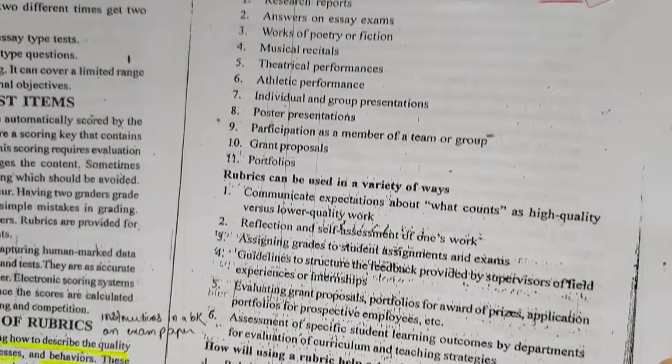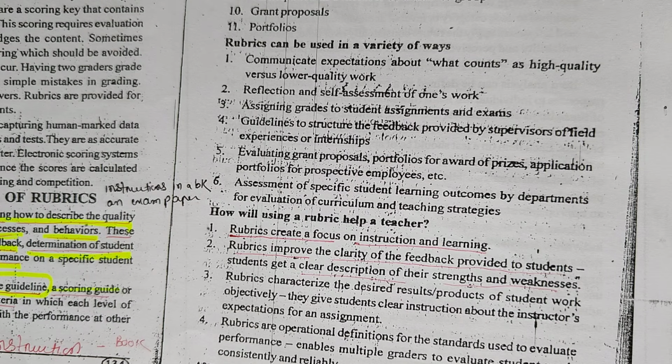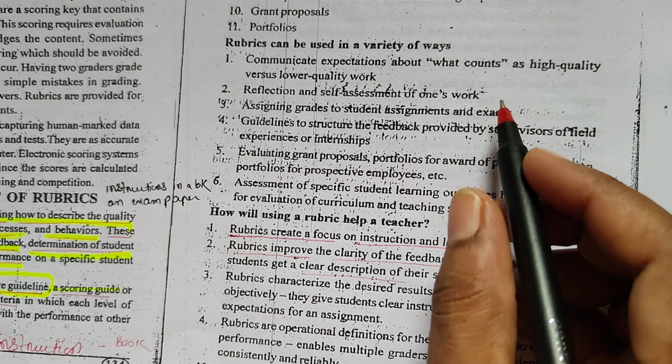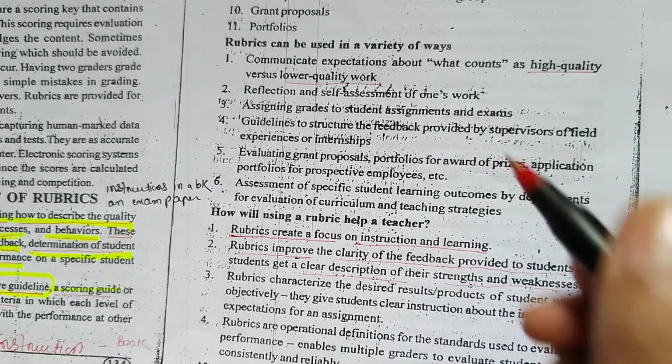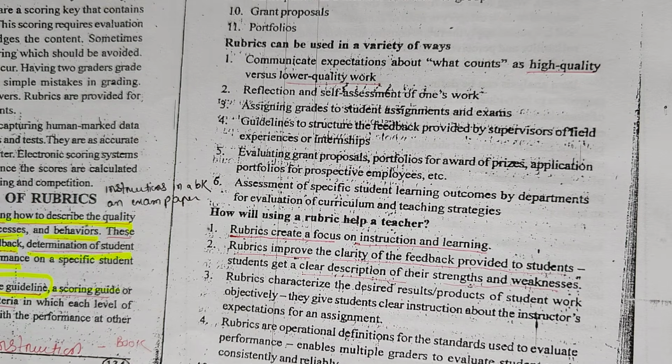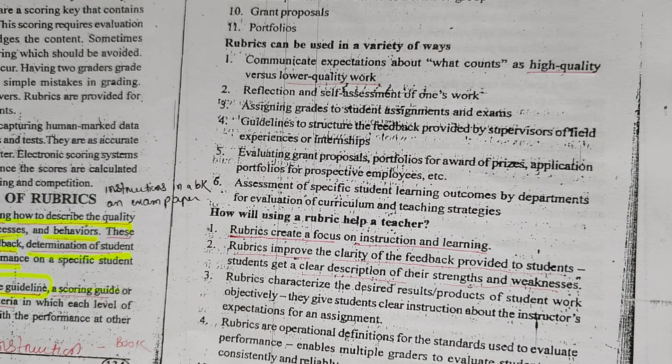Okay dear. Now rubrics can be used in a variety of ways, and where you can use rubrics: to communicate expectations about what counts as high quality versus low quality work, where you are measuring or evaluating high quality versus low quality work.